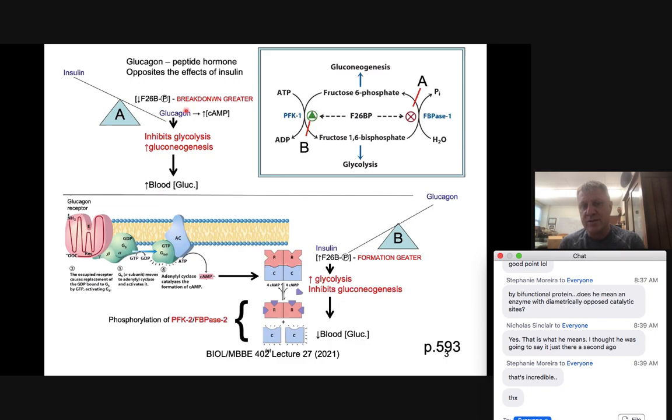This is also stimulated by glucagon, inhibiting glycolysis and increasing the production of glucose, which is also stimulated by increased concentrations of cyclic AMP, because this is a GPCR.